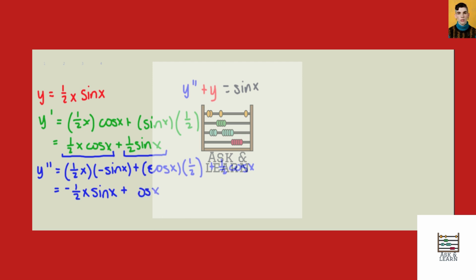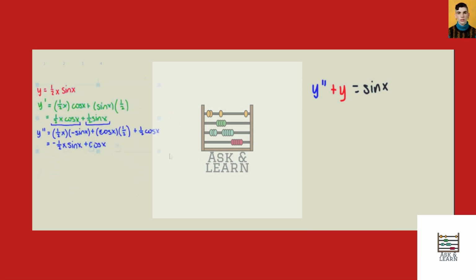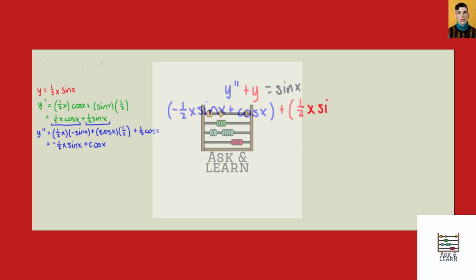So now we have our y double prime equation and our y equation, and we can just plug those into our function. So we'll have negative 1/2 x sine x plus cosine x plus our y equation, and bring down our right hand side.